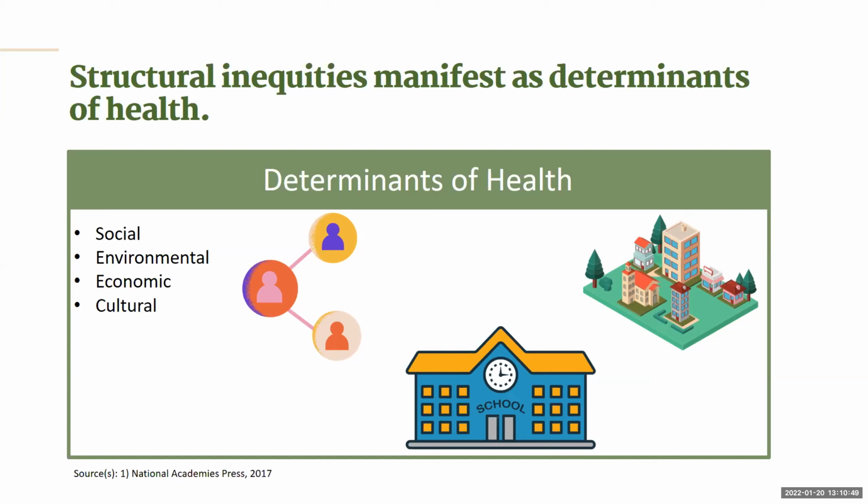So the health of adults and children is impacted because the neighborhood determines whether they have access to resources such as healthy foods or physical activity opportunities. It'll also determine the quality of education that children might receive.